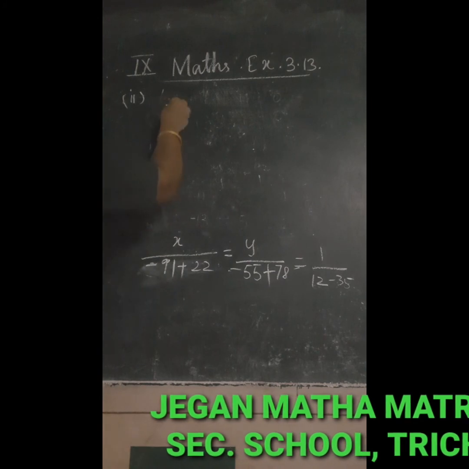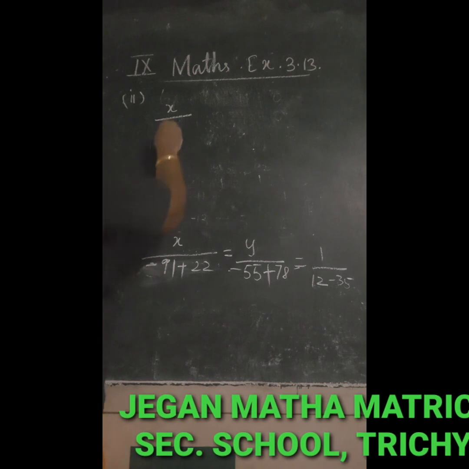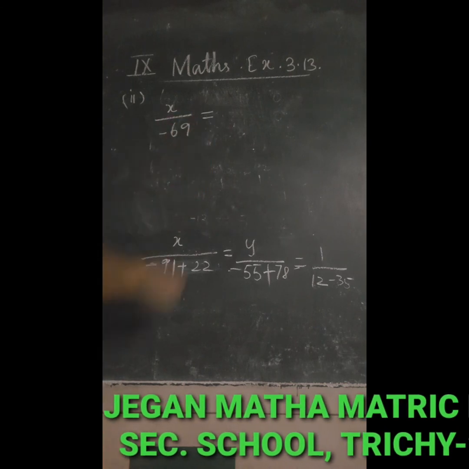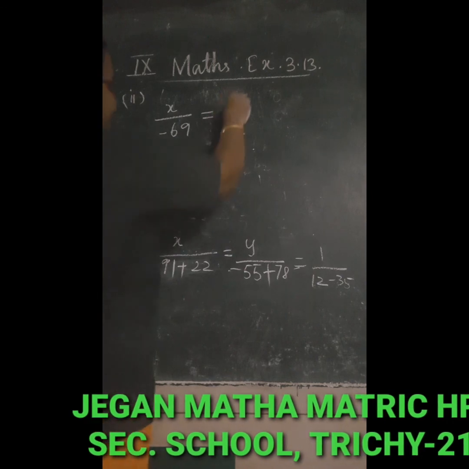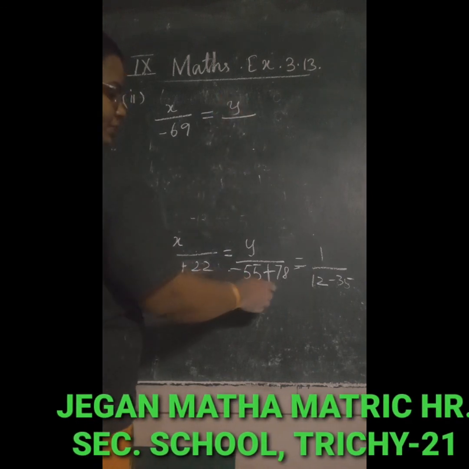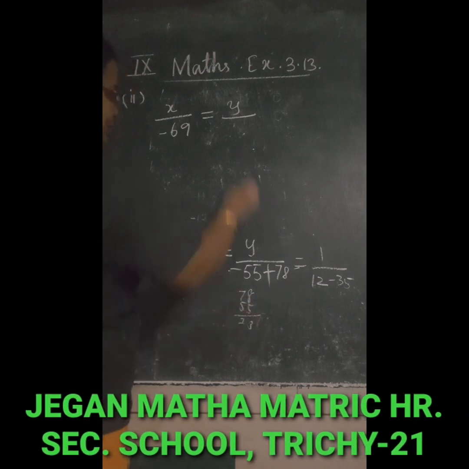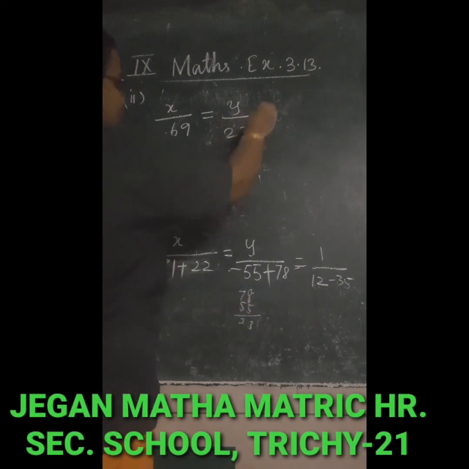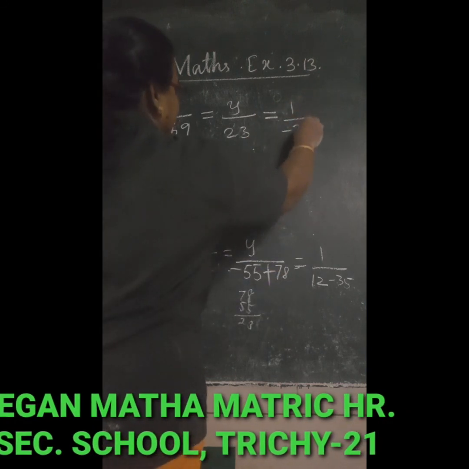So x divided by minus 91 plus 22 we will get minus 69, is equal to y divided by minus 55 plus 78, that is 78 minus 55 we will get 23. So that is equal to 1 by minus 23.